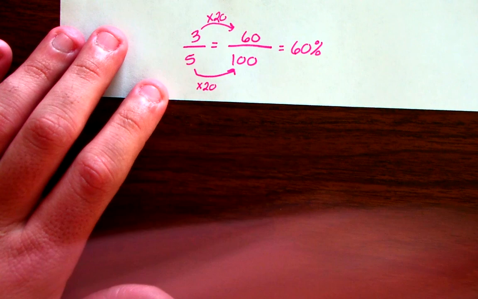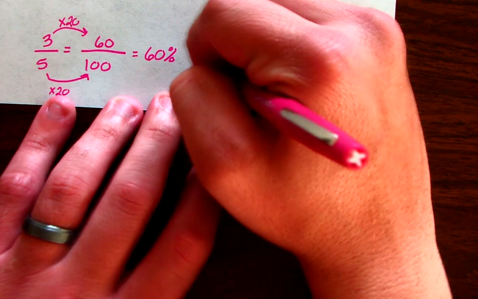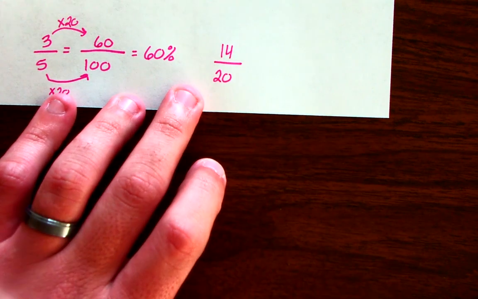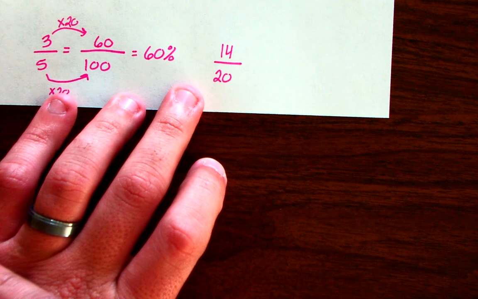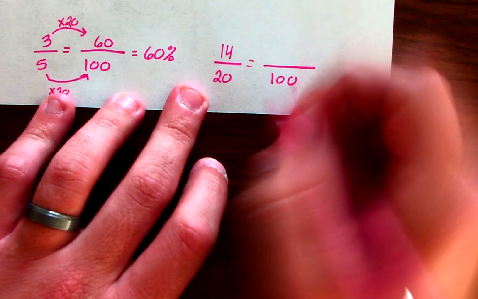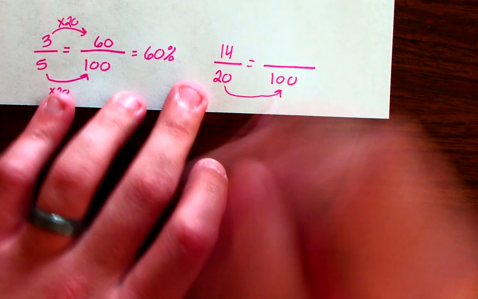Nice and easy. Let's try another one. Let's try 14 over 20. Is 20 a factor of 100? Well, yes it is. How many $20 bills does it take to give you $100? It's 5.